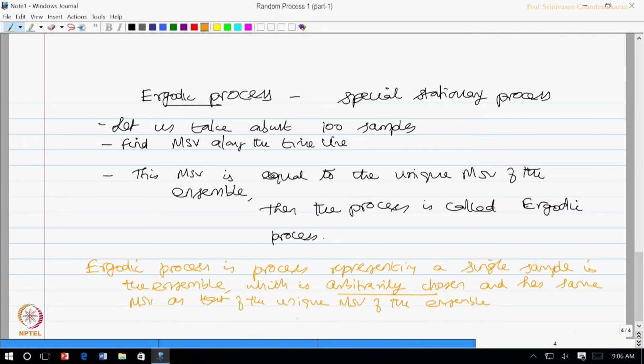So, ergodic process is a process which represents a single sample chosen arbitrarily which has the same mean square value as that of the ensemble.